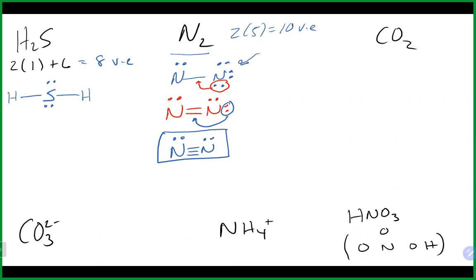Yeah, so remember they then both wouldn't technically be happy because they really want to get to 8 each. So the only way they could get to 8 in this case is to share that triple bond. Because remember, as we talked about last time, all those electrons in the middle count for the nitrogen on the right. So that technically gives the guy on the right 2, 4, 6, 8 electrons. But those electrons are being shared, so they actually count for both nitrogens.